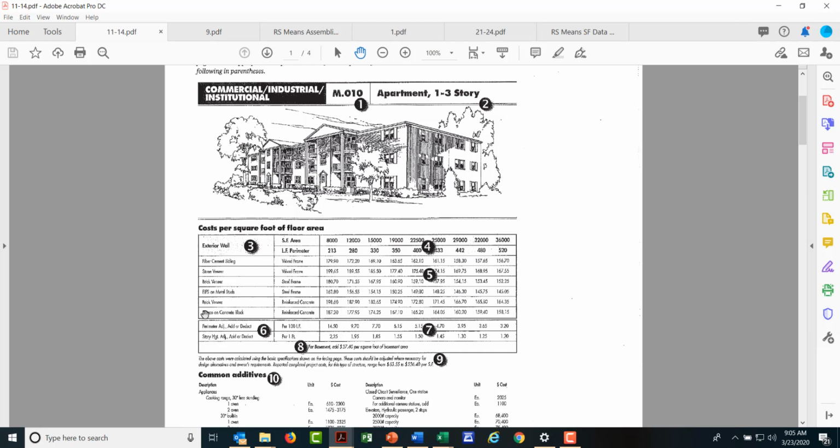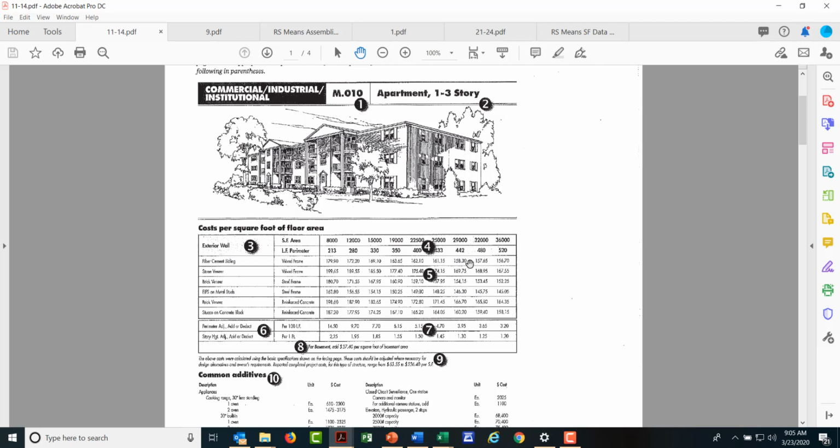Again, you don't need that because we're going to take the baseline and adjust it, but if you wanted to stop at square foot, at 2,000, 3,000, 4,000 feet, and you had an apartment building that was close to 30,000 feet, and you knew it was going to be wood frame with a variation of fiber cement siding and stone veneer, you might come over here and say, wait a minute.